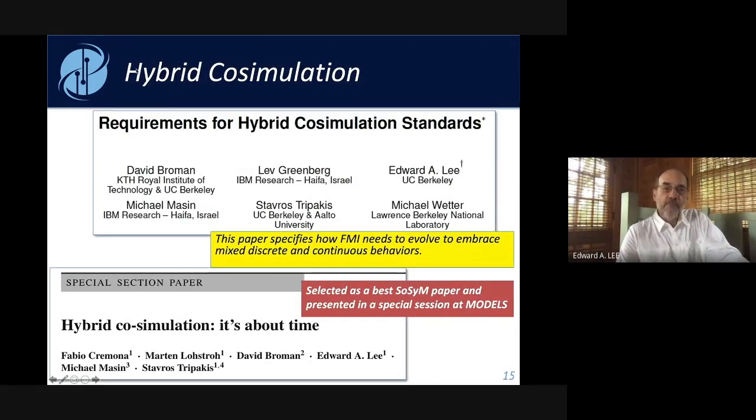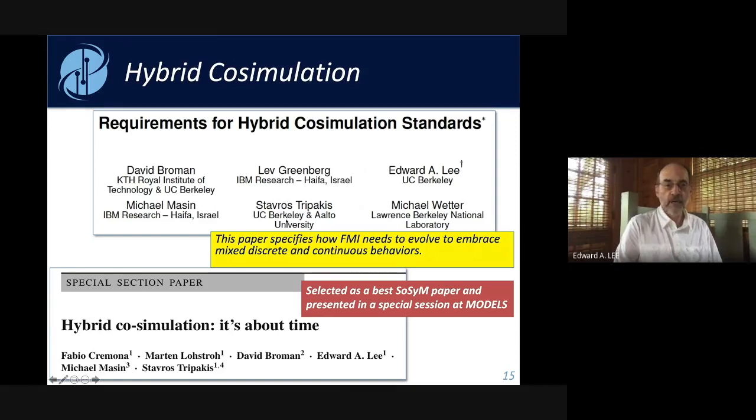And our focus, much more than the FMI effort, is on hybrid co-simulation, in particular, mixing the continuous dynamics with discrete mode transitions and discrete event systems. And there's a fairly recent paper that goes in a deep dive into the fundamentals behind this. This is a requirements paper.